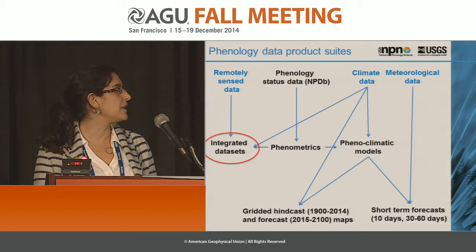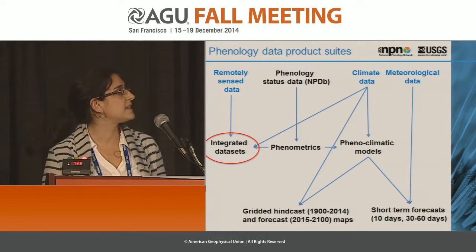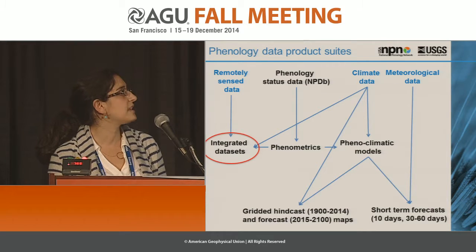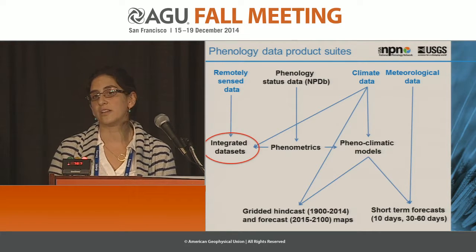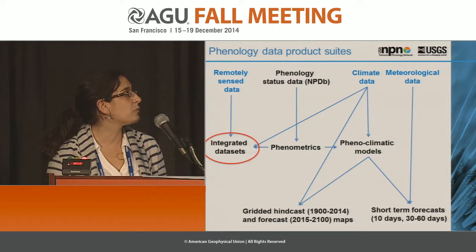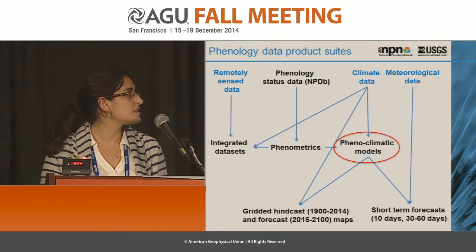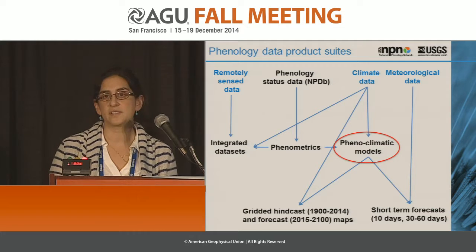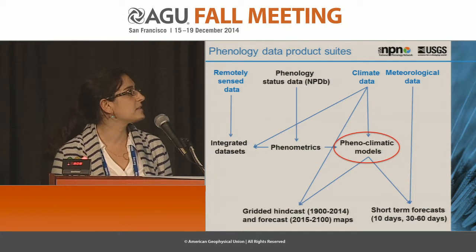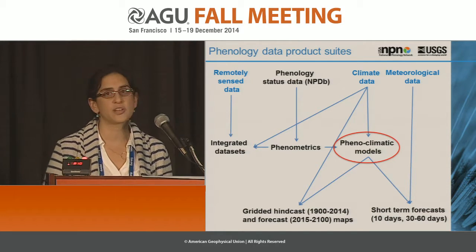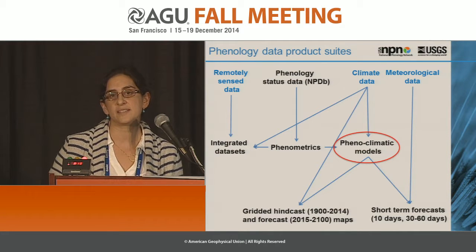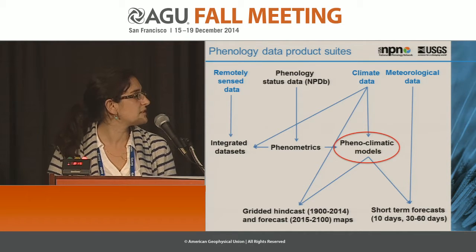We're hoping in the near future to be producing integrated data sets that combine phenometric data with remotely sensed data, including phenocam data, remote sense products, and climate data. Ultimately, we're hoping to produce a database of phenoclimatic models that combines climate data and phenometrics, as well as databases of species sensitivities to various climate drivers.